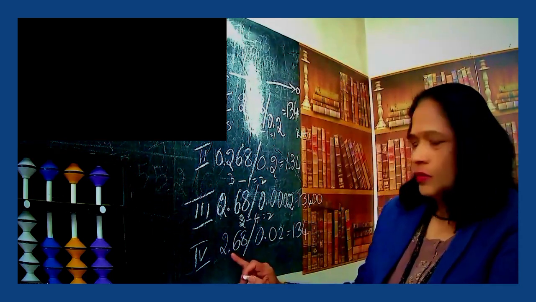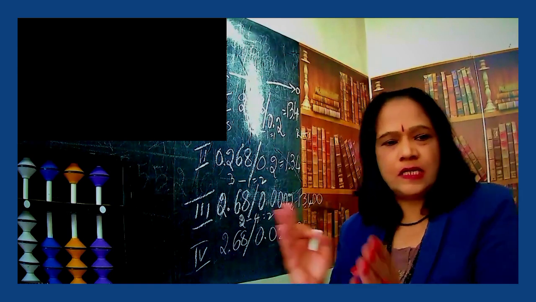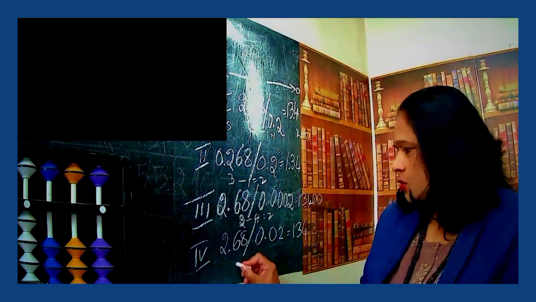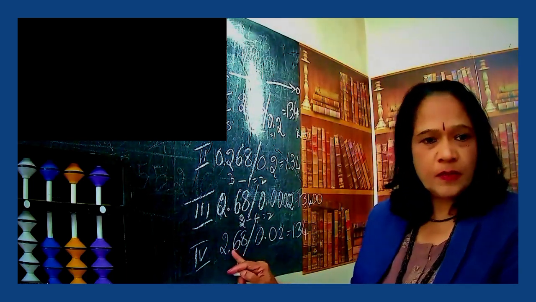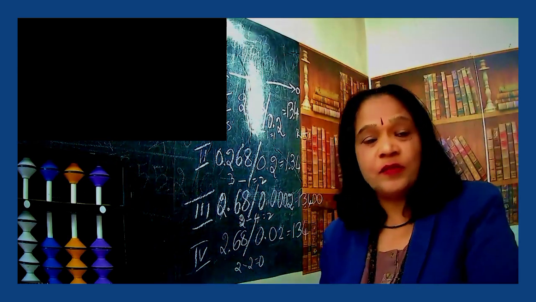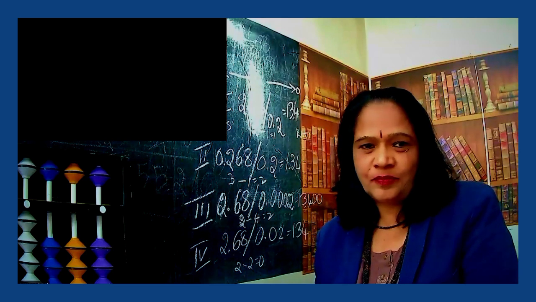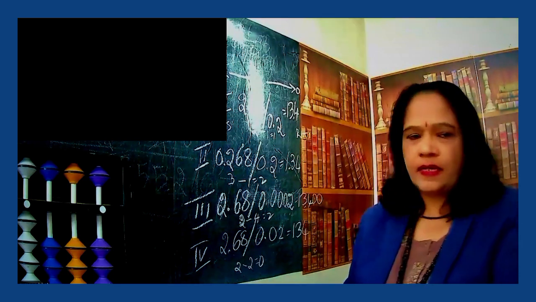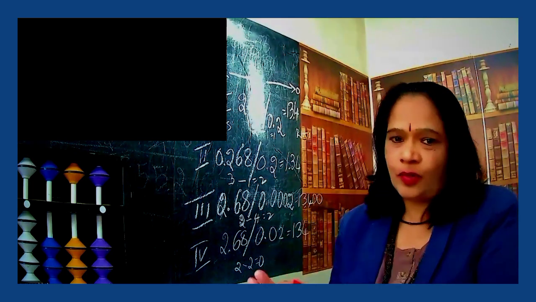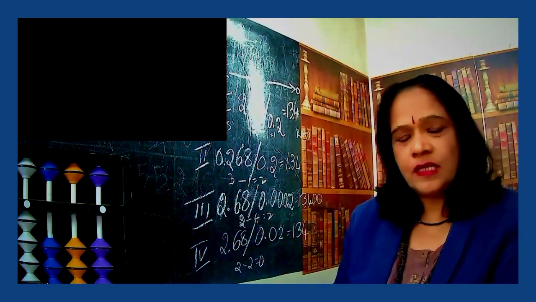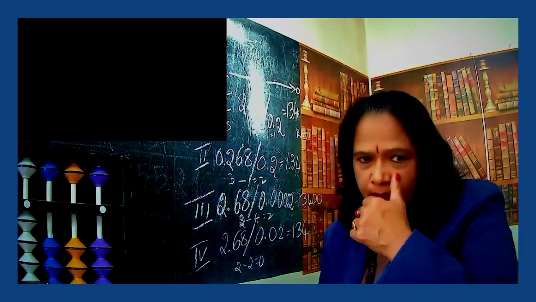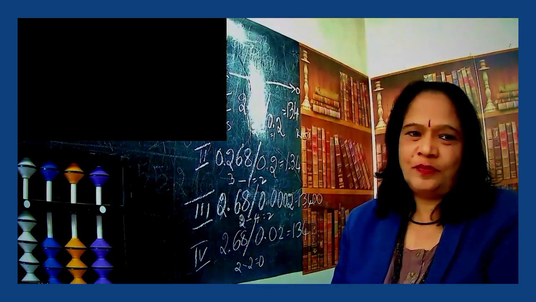So if the decimal points are the same on the left-hand side and the right-hand side, here the decimal number is 2, here also 2. 2 minus 2 is 0. The difference we got is 0. That means no need to put the point. So the answer to 2.68 divided by 0.02 is 134 as it is. No decimals, because the decimal numbers on the left-hand side are equal to those on the right-hand side.